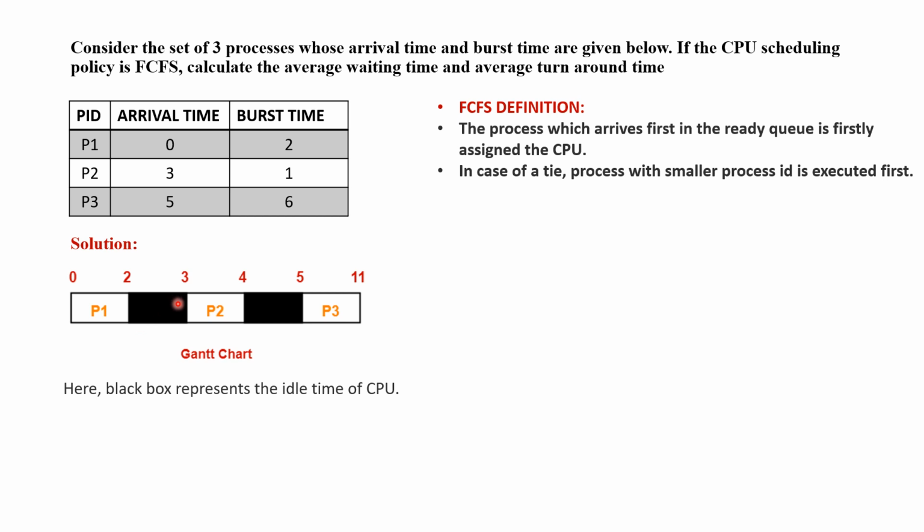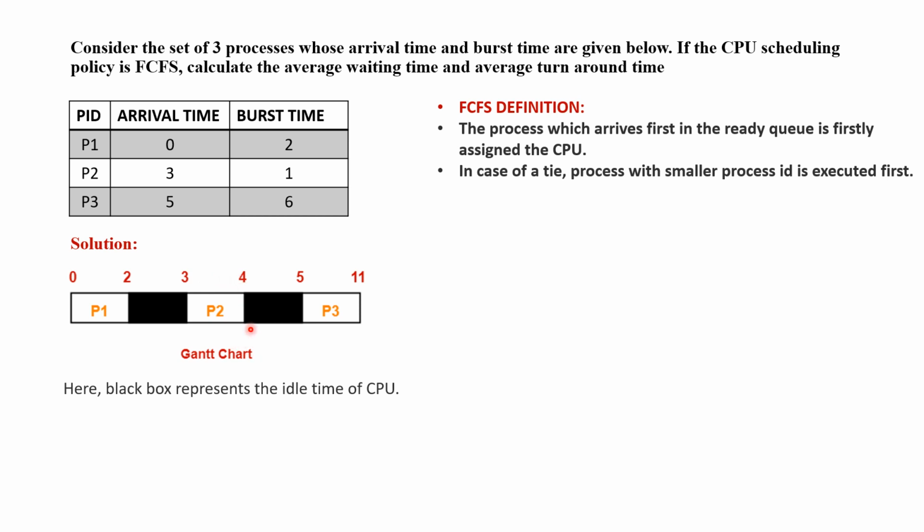Here the black box represents the idle time of the CPU. Now in the 3rd second, we have our process P2. P2 gets the CPU because it is the second process to come inside the ready queue. It needs only 1 second for execution, so from 3 we add 1, that is, till the 4th second P2 is executing.